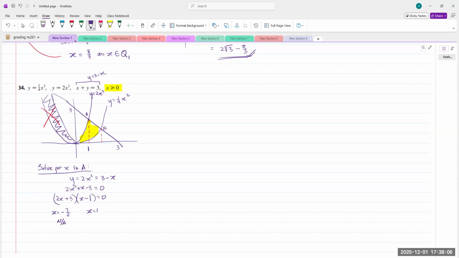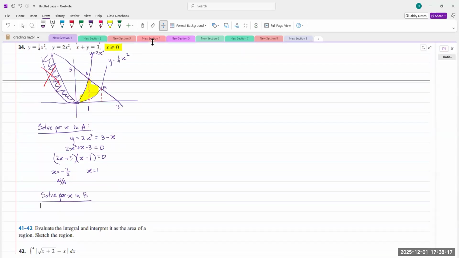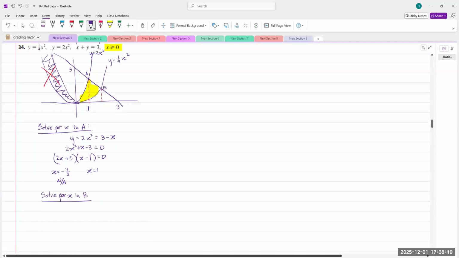Okay, and then we will solve for x at B, the intersection between y equals 1/4 x squared and y equals 3 minus x. I will multiply by 4 and then solve.